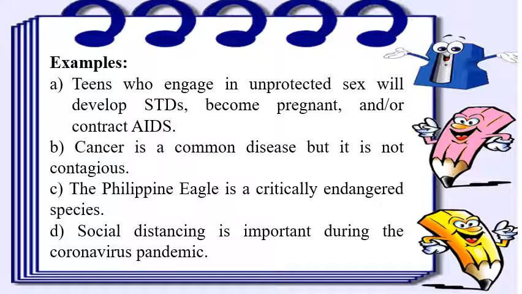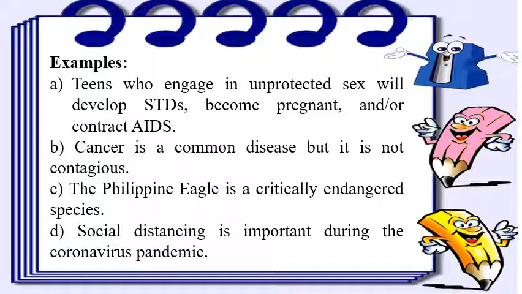Now the examples show that there is factual evidence and information that we have to consider. Say, for example, example number one is very rampant nowadays. Cancer is a very common disease. Yes, it is true. The Philippine eagle is critically endangered.